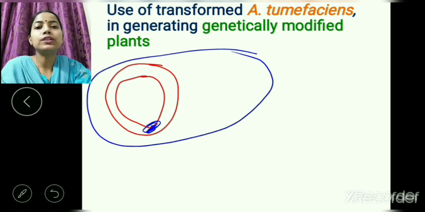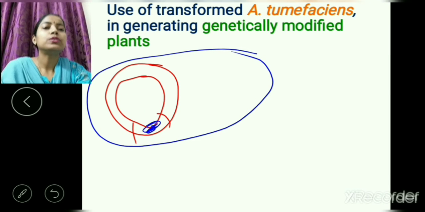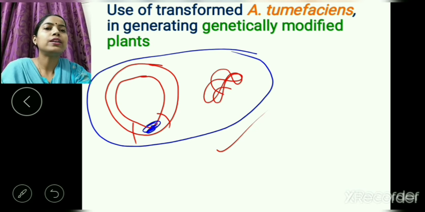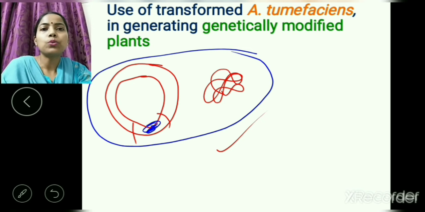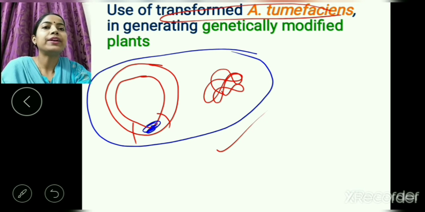This is our foreign gene, which is in the tDNA region. And this is the bacterial chromosome. So the bacteria has its own chromosome apart from this extra genetic material, the Ti plasmid. This modified Agrobacterium tumefaciens is now going to be used to modify the plant cells.